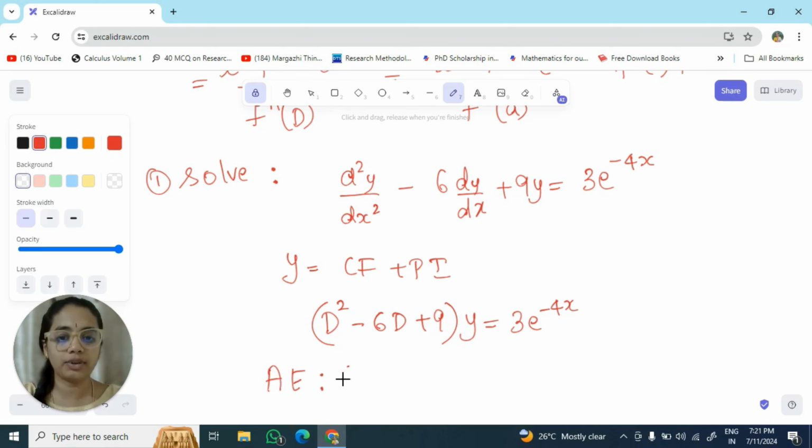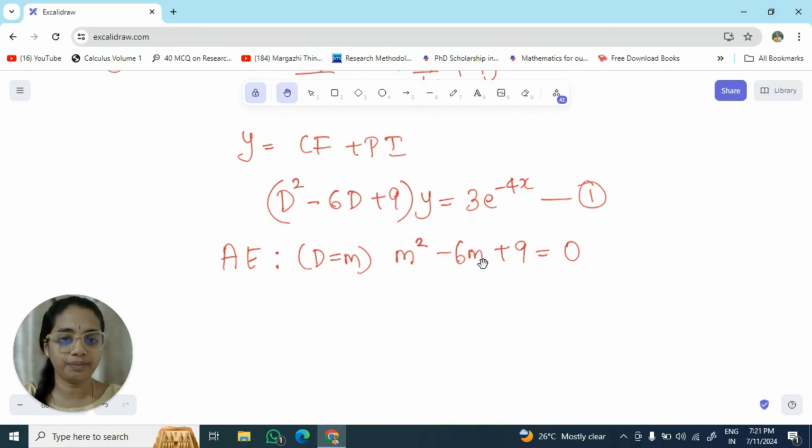What is the auxiliary equation? Just replace D with m, and the RHS would be 0. We would get m square minus 6m plus 9 is equal to 0. This is our auxiliary equation.